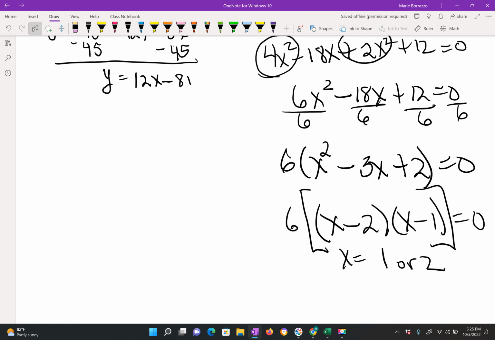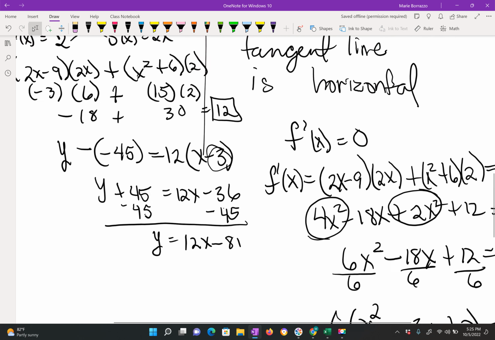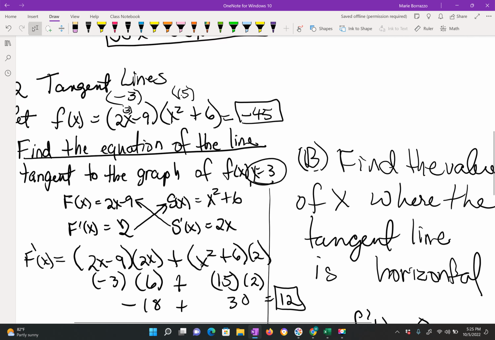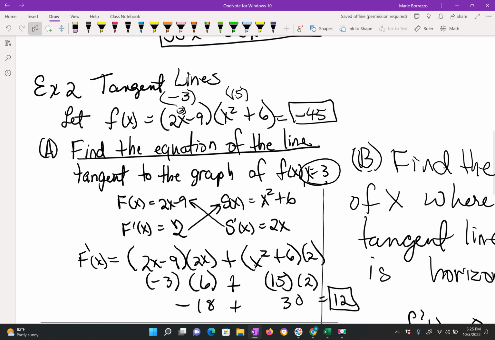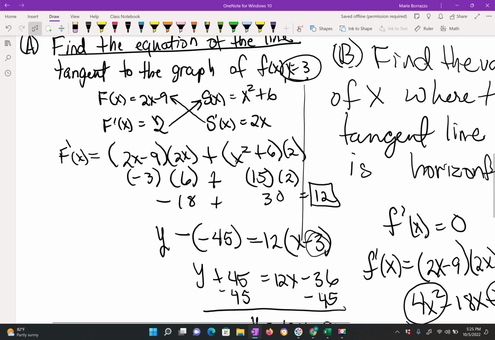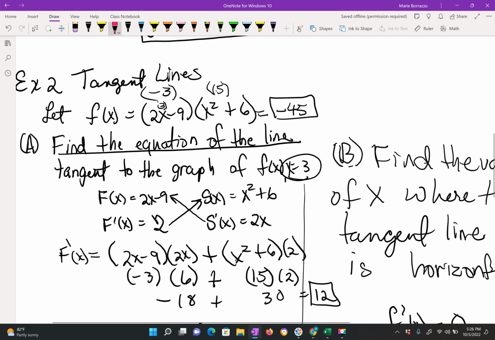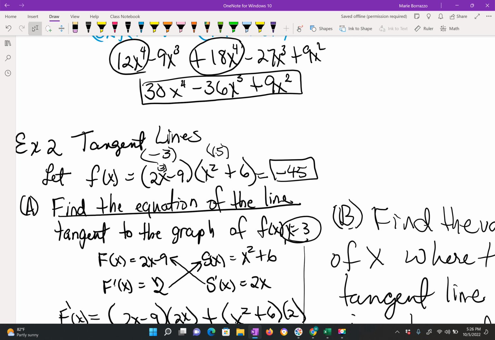Do you want to try one like this, if I give you different numbers? All right, so same question stems, but I am going to change this.